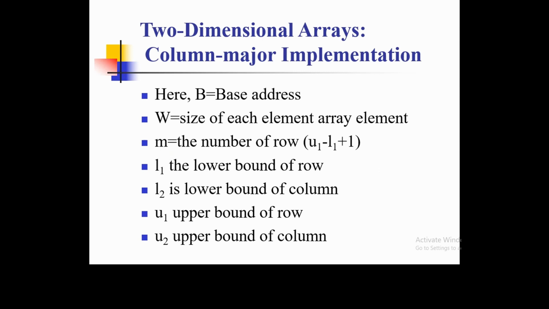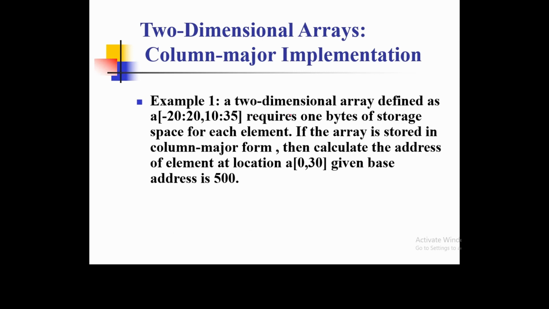Now we can use this formula. Suppose we are given a two-dimensional array defined as A[-20 to 20, 10 to 35]. It requires 1 byte of storage space for each element. So if the array is stored in column major order, then calculate the address of element at location A[0][30].